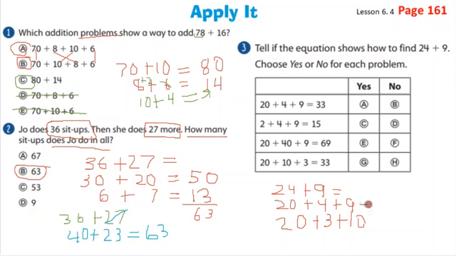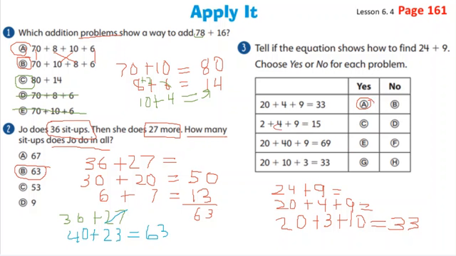Okay, so it's 10. So I have 2 10s plus 1 10 is 3 10s. Plus 3 1s is 33. I can come up here, and just by looking at it, I can just go, oh, well, wait a minute, there's 33, so yes.